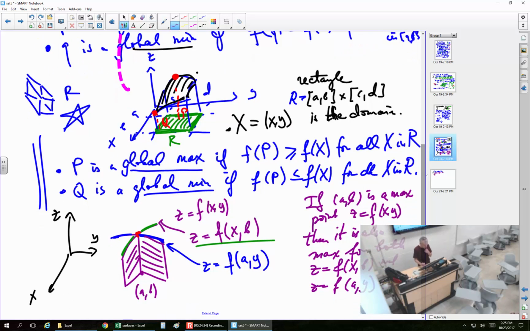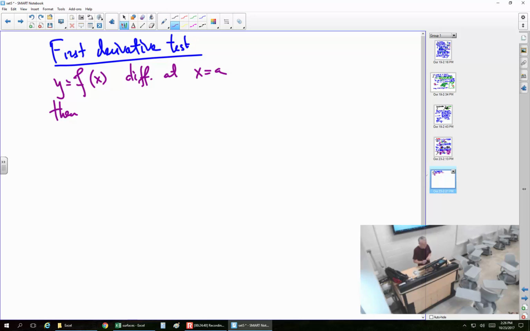So I'll just have it separated like here, and different letters mean different things. So differentiable at x equal a, and x equal a is an extreme point, then f prime of a is equal to 0. That's the first derivative test.